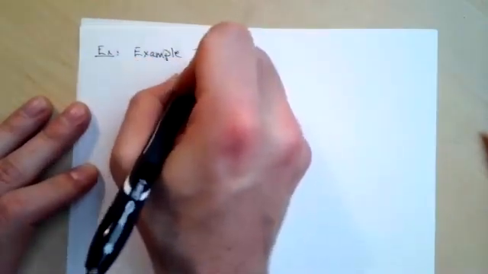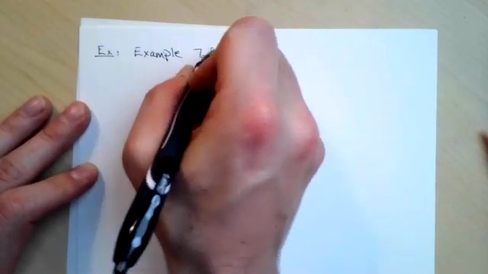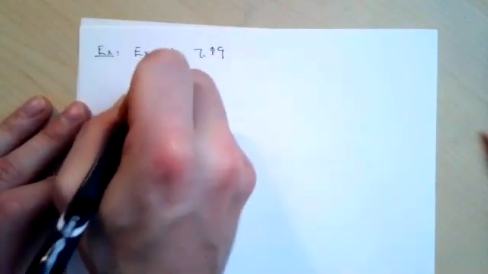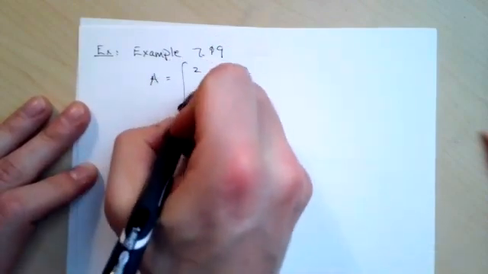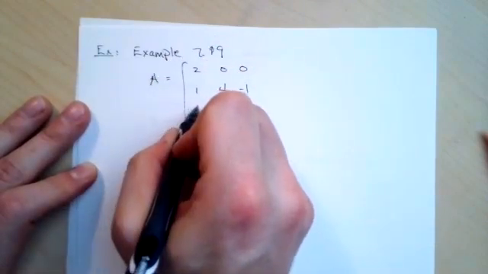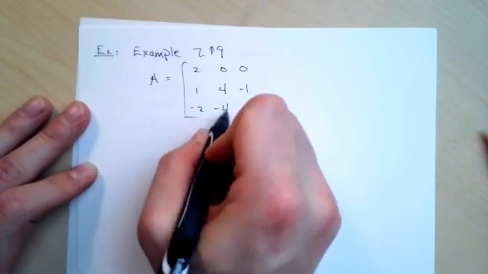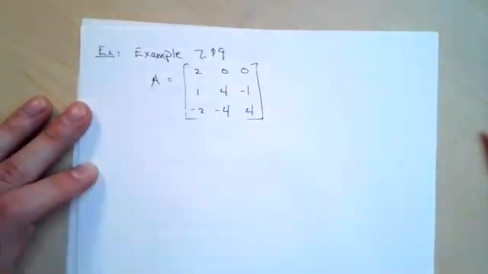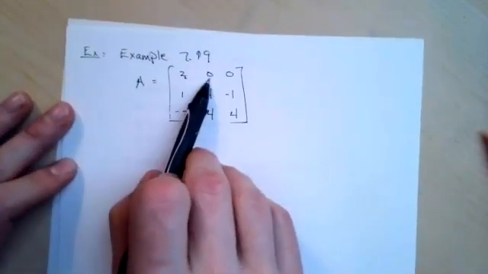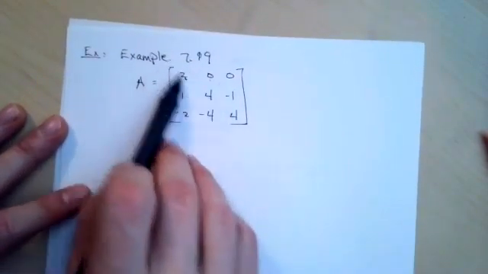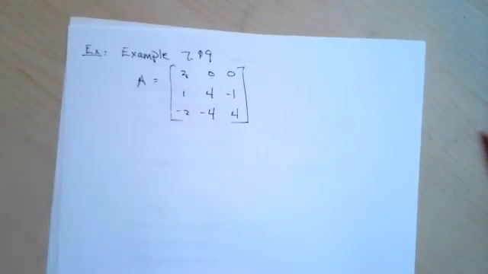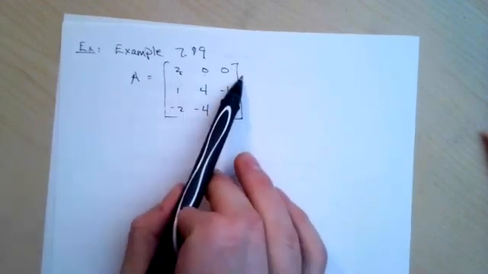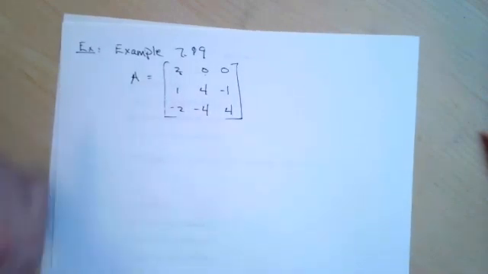It's example 7.19, where they give us a matrix A. And nicely enough, we actually have a lot of zeros here. So finding the eigenvalues shouldn't be too hard. If we just subtract off lambdas from the diagonal and expand the determinant about the first row, it's quicker to find the eigenvalues.